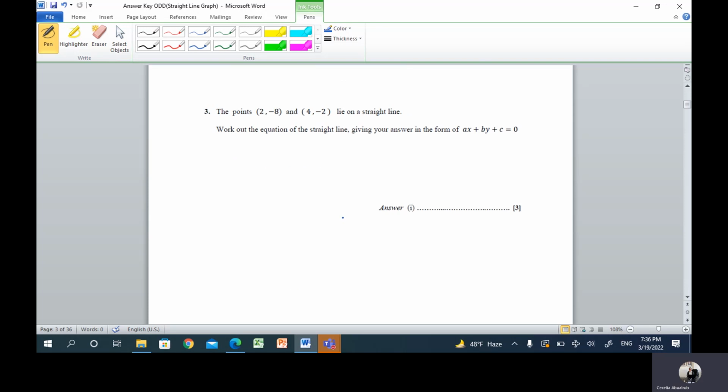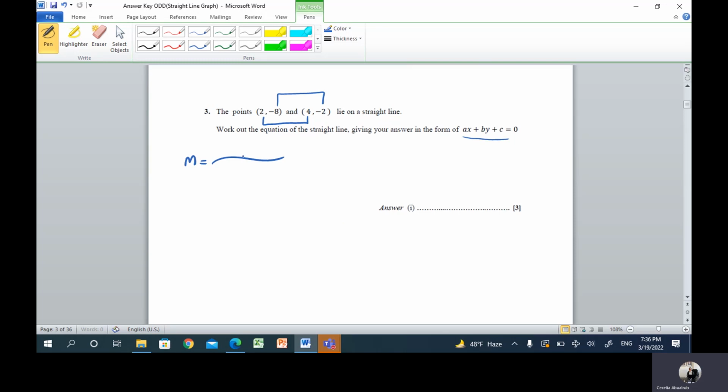So the points (2, -8) and (4, -2) are on this straight line. Work out the equation of the line, and they want you to write it in this form. Let's start by finding m, the difference of y over the difference of x.